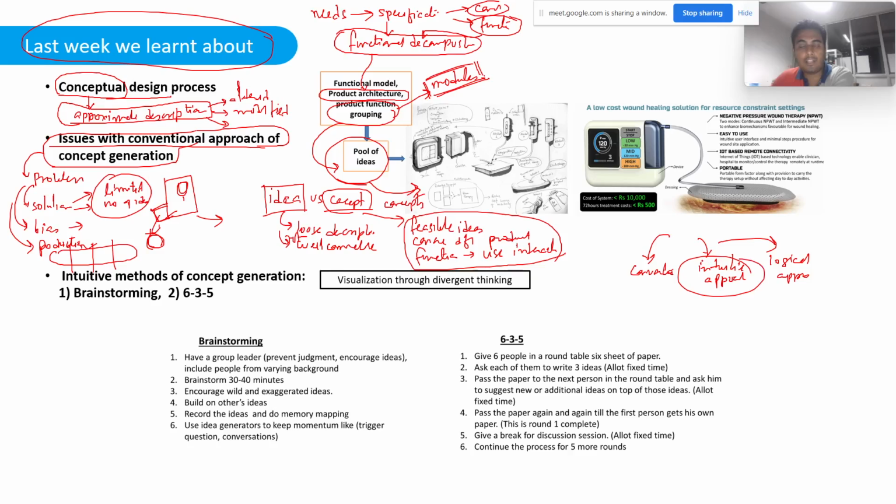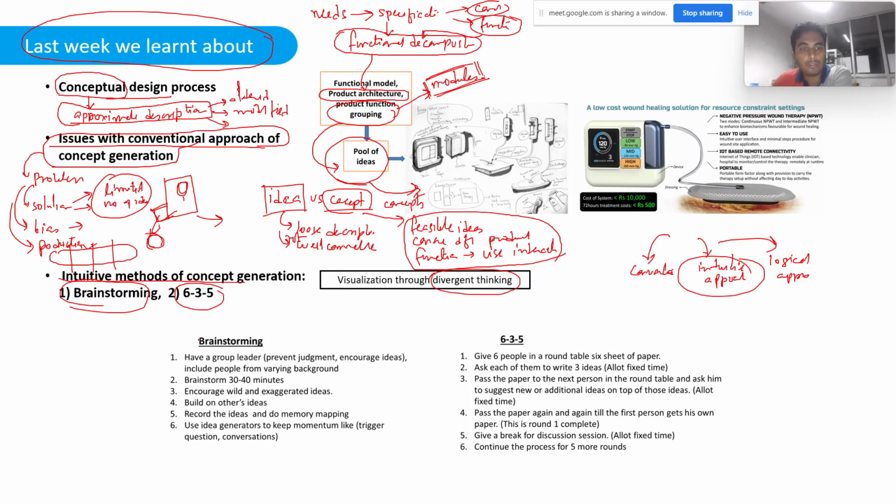So in the last class I discussed intuitive approaches like brainstorming and 635. These are more like using a group of people and asking them to generate ideas intuitively via divergent thinking.